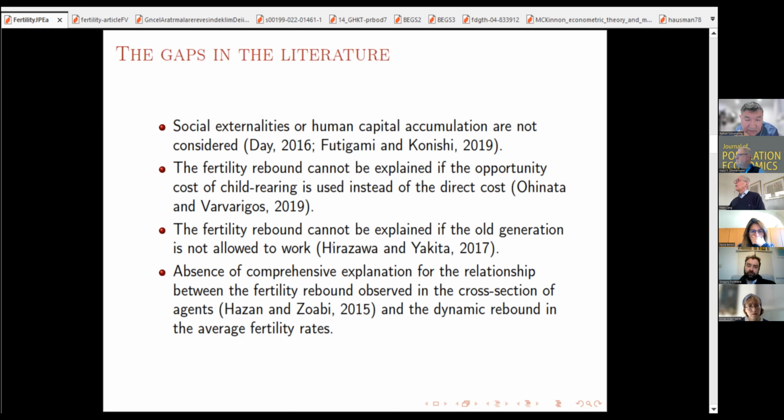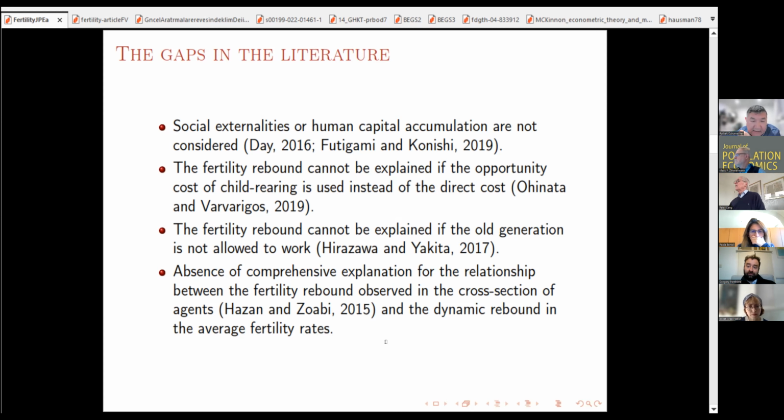There was also, for example, Hirasawa and Yakita, who I think also accounted for the old generation, but in our case we tried to make it simpler. So we have only 2 generations, so we didn't take into account the effect of the old generation.